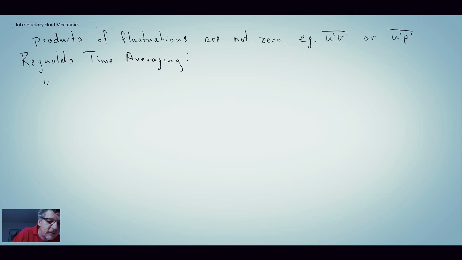And for this, what they did is they substituted into the governing equations a mean and a fluctuating value. So they would substitute for all of the different variables that are in the governing equation.